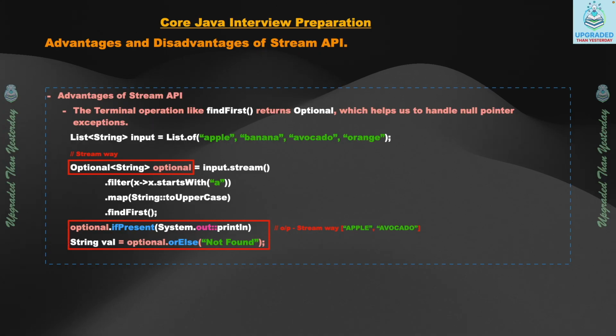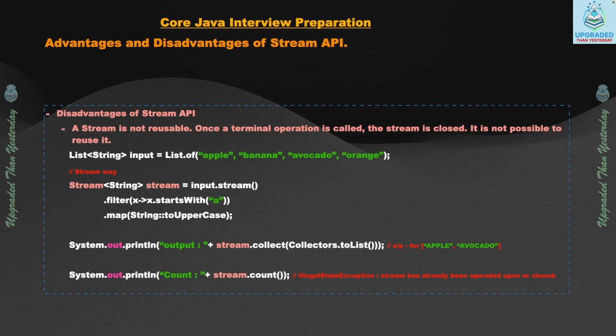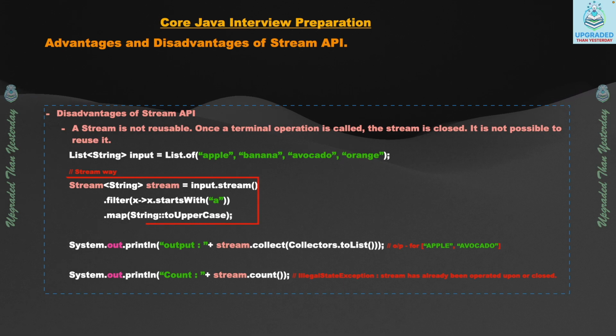Let's discuss the disadvantages. There are multiple advantages that we have already discussed. Now let's look at the disadvantages. Stream is not reusable. Once a terminal operation is called, the stream becomes closed. Look at the code. The stream of strings is defined without any terminal operation.